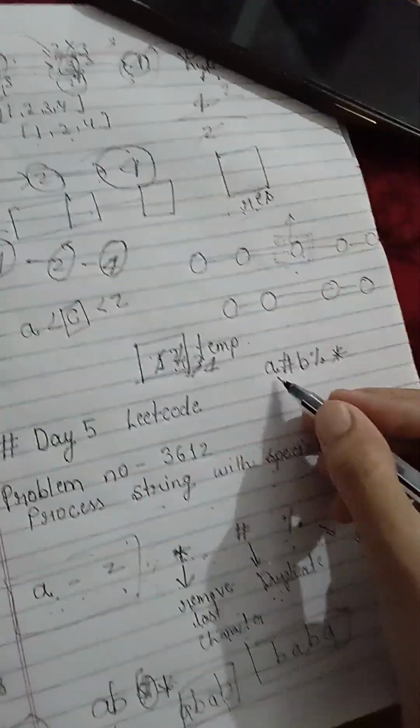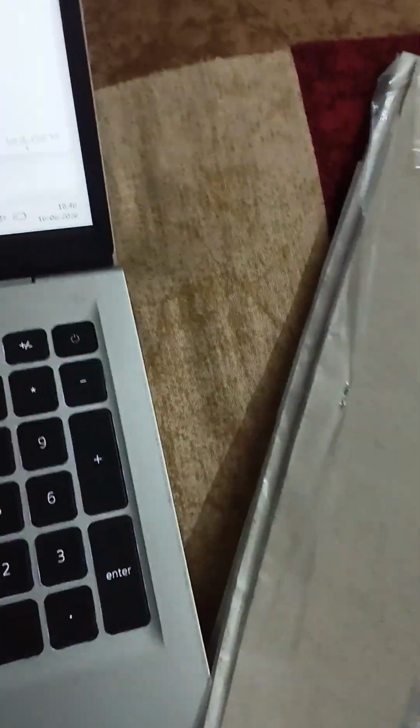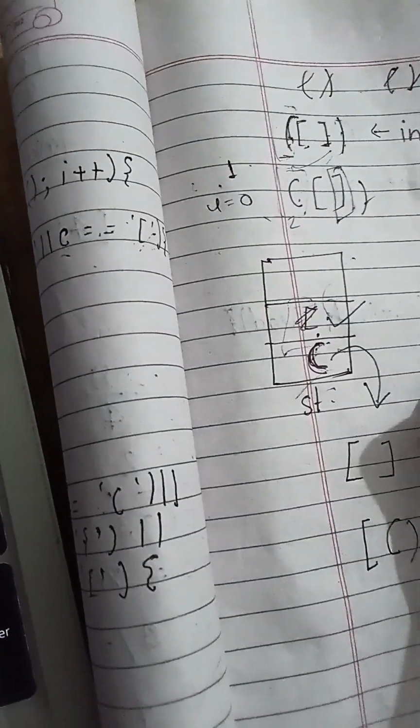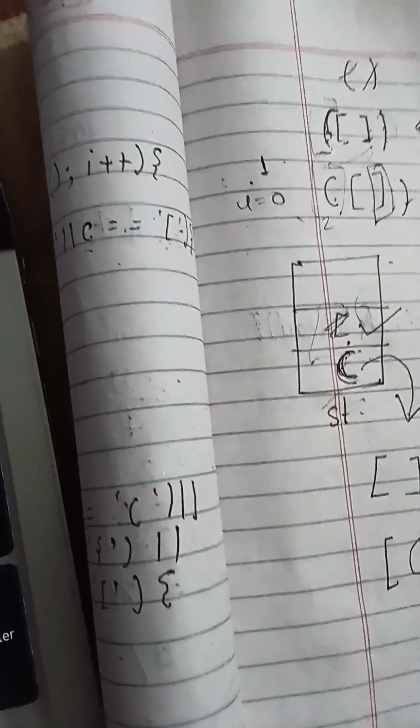First we travel to a, so our box is, let me draw this on another page, this one. We have a box. The problem was a hashtag, b percent, this one.